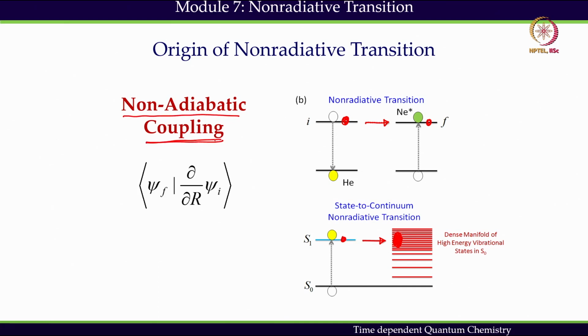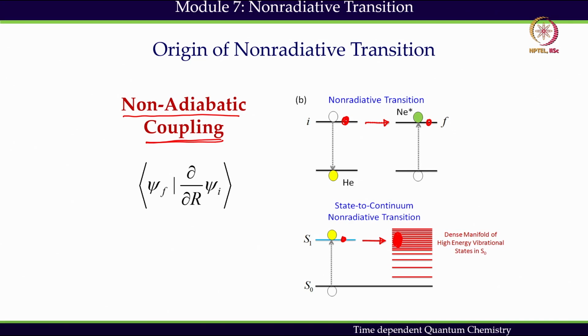What is non-adiabatic coupling? We will discuss that later in this course, not right now. The exact nature of non-adiabatic coupling, which ultimately facilitates non-radiative transition, will be discussed, and we will also show the mathematical expression explicitly.